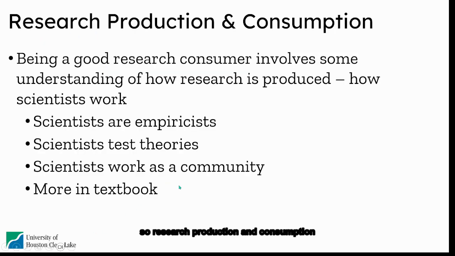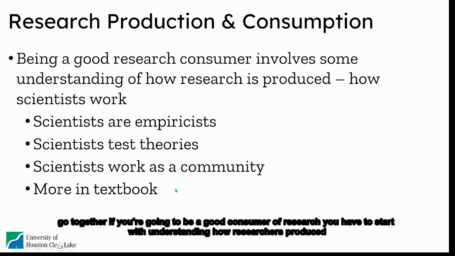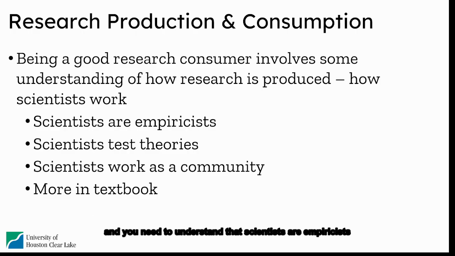So research production and consumption go together. If you're going to be a good consumer of research, you have to start with understanding how research is produced. And you need to understand that scientists are empiricists. That means they depend on data, they test theories, they work and interact within a community, and there are other reasons that you can consult in your textbook.